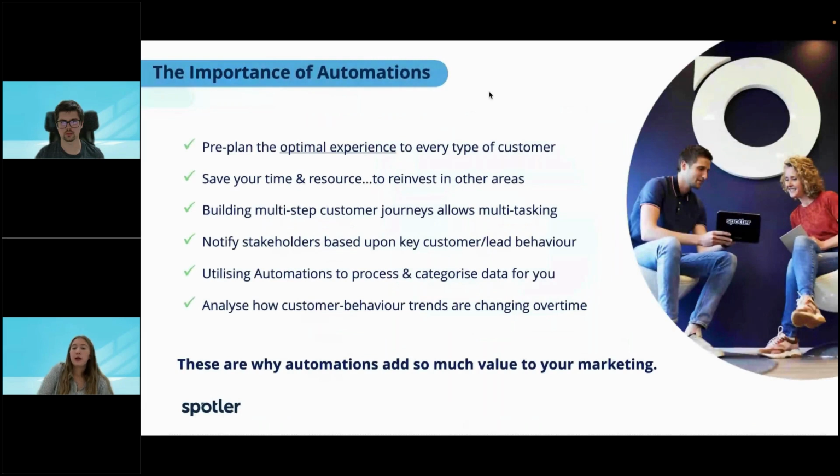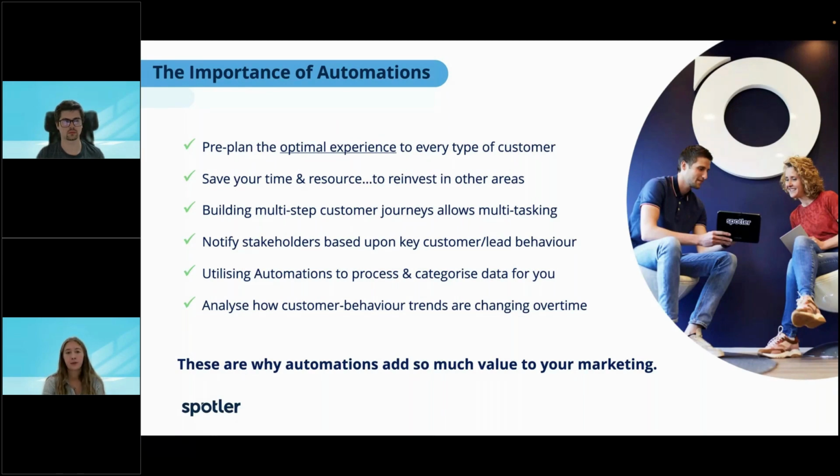So the importance of automations. Why do we recommend using automations? We're able to pre-plan the optimal experience for every type of customer. You've got different types of customers, you've got different journeys, and therefore you can really tailor your audience and your data to what you're actually sending them, and in terms of how they're engaging as well. You can tailor what you send to products they own and different engagement rates.